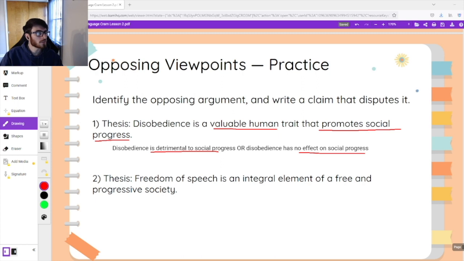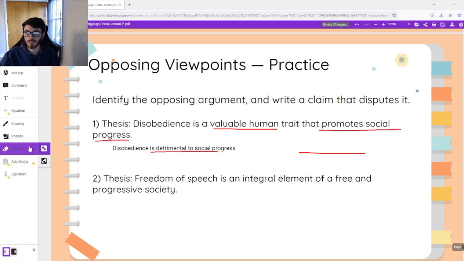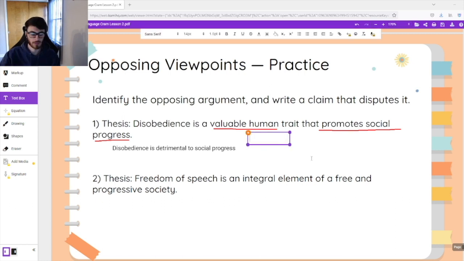So let's say we go with the first one here. How would we dispute this opposing viewpoint? If this was the opposing viewpoint we were trying to argue against, that disobedience is detrimental to social progress, how would we dispute that? How would we say that's not true?